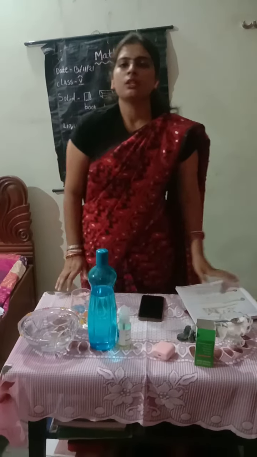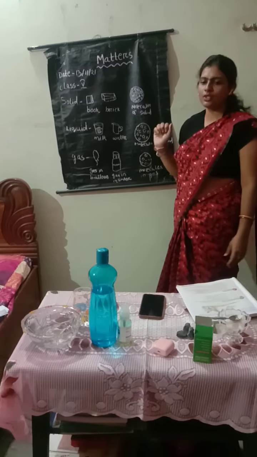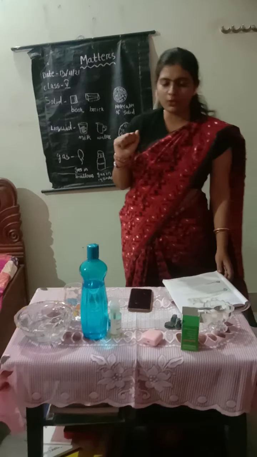So we get to know that it has weight and it occupies some space, so it is also matter. But it has definite volume and doesn't have any definite shape because the molecules are arranged very loosely. Now we will come to the gaseous state.